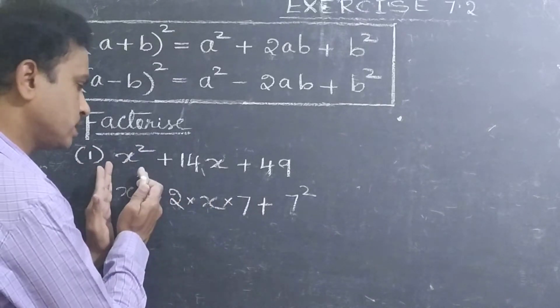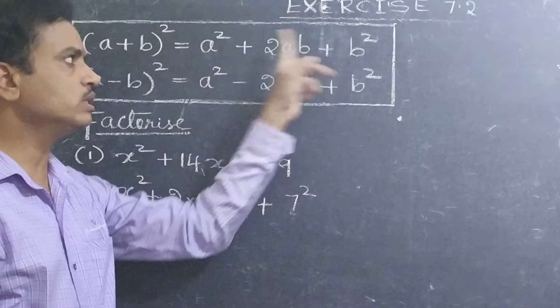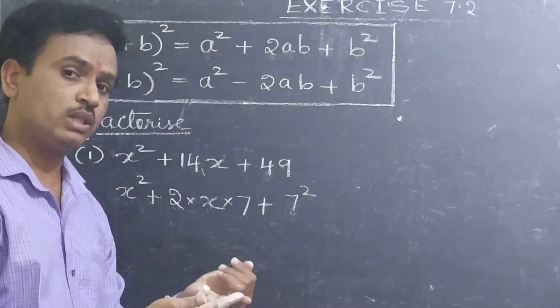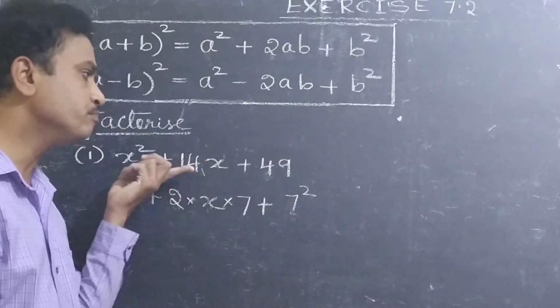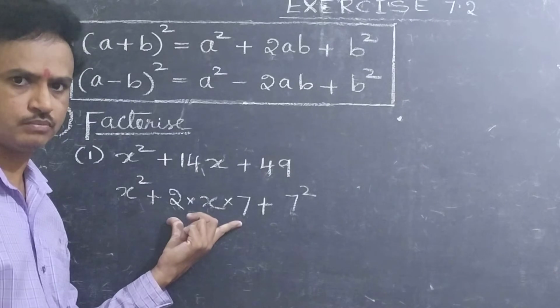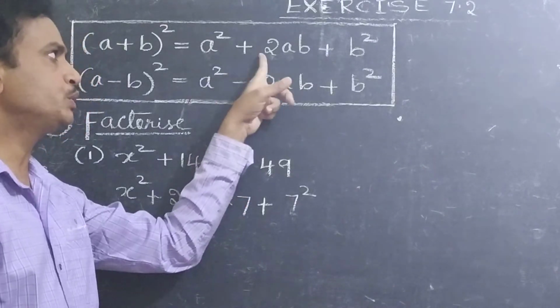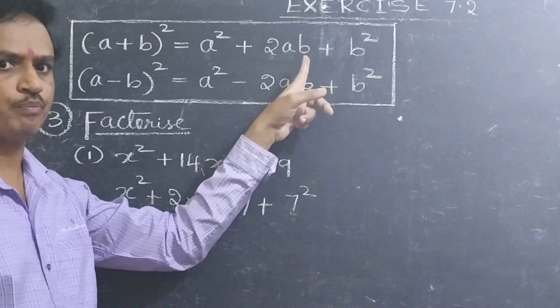So here the first term you should write, then make it the second term. According to this identity, you have to see what is the a value, then what is the b value, then you have to split the middle term in the form 2ab.